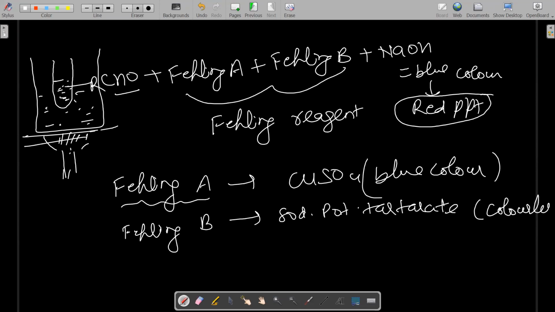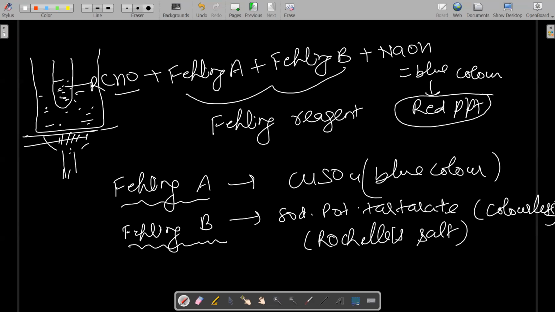Okay, so when you see the bottle of the Fehling A and Fehling B, you can see one is the blue color, that is copper sulfate. Second is the colorless, that is sodium potassium tartrate, which is also called Rochelle salt. So this is the composition. I think it is clear to all of you.